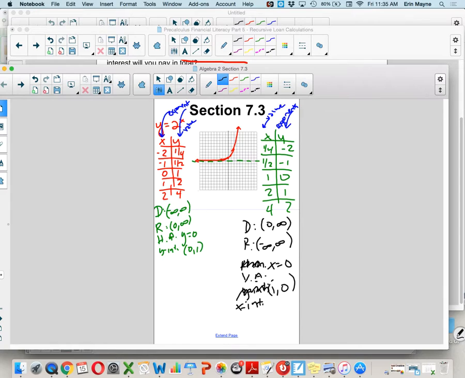All right, so do not connect the dots. Just simply plot the points. Go.